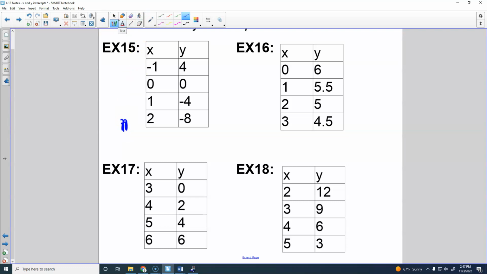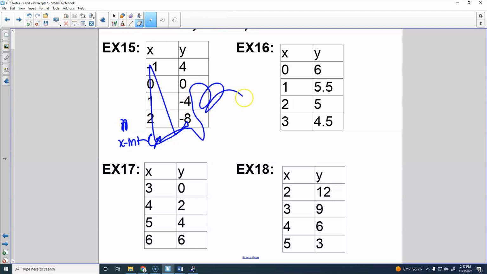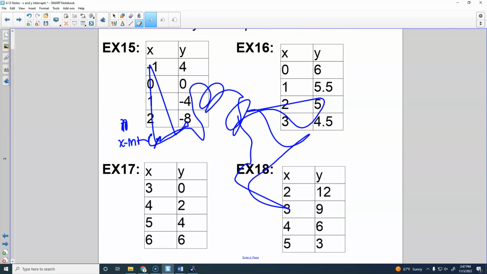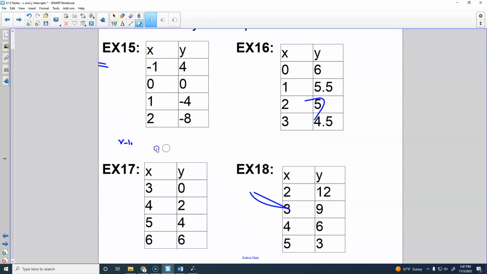All right, let's look at these. Oh, look, it's letting me erase now.